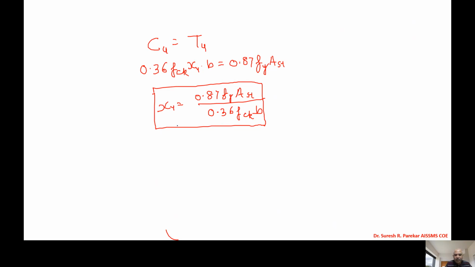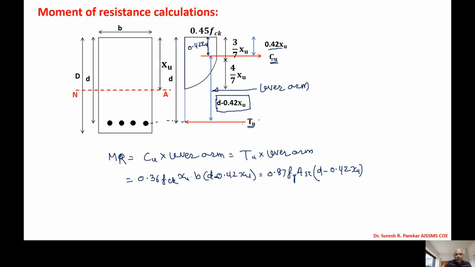Now we have also seen formula for Xu by equating Cu equal to Tu, that is 0.87 fy Ast upon 0.36 fck b. Then we have also seen this moment of resistance by calculating the couple Cu into lever arm, and that is equal to Tu into lever arm.